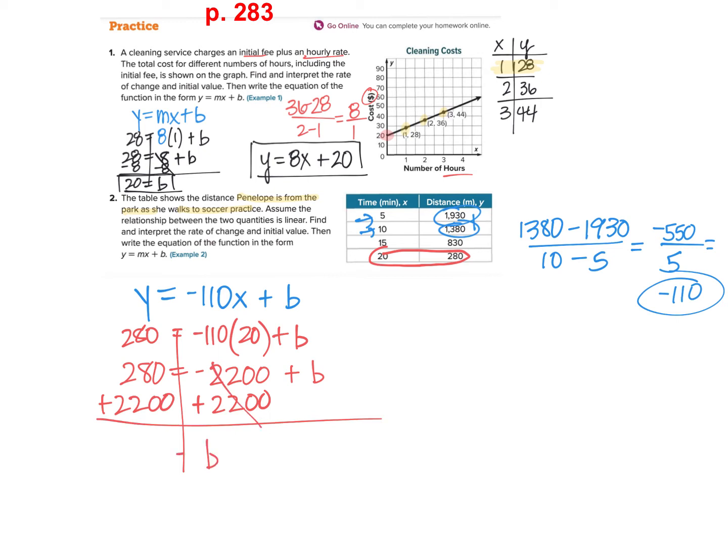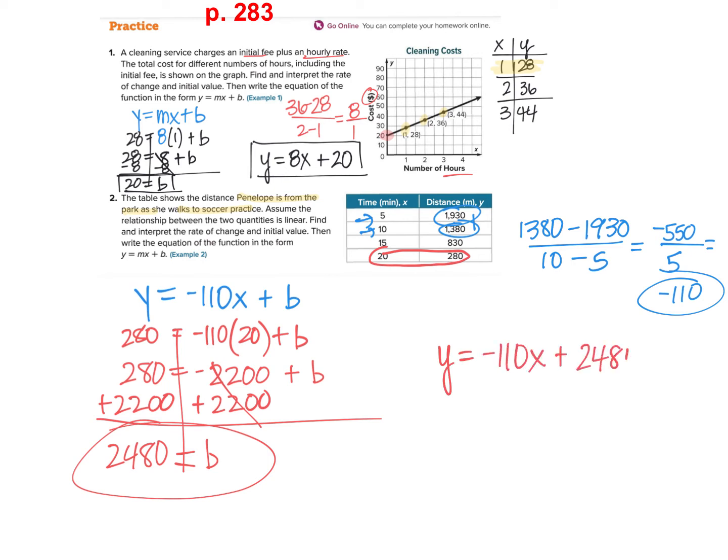I end up with b equals 2,480. So that means she started 2,480 meters away from the park. So my final equation is y equals negative 110x plus 2,480.